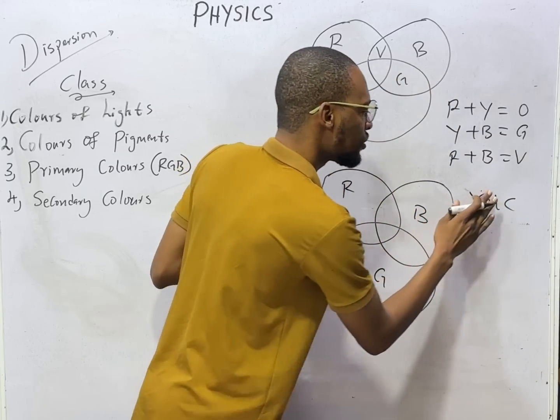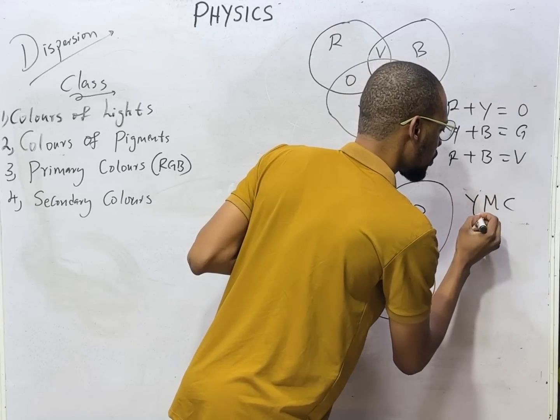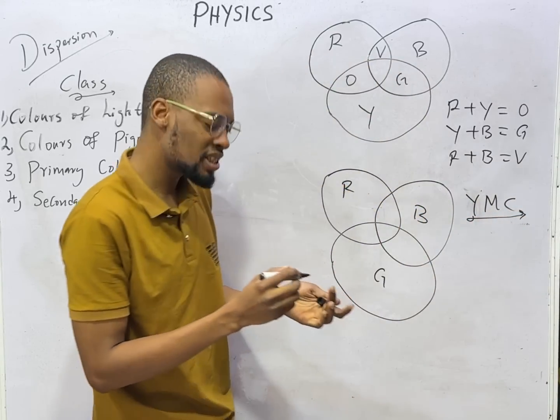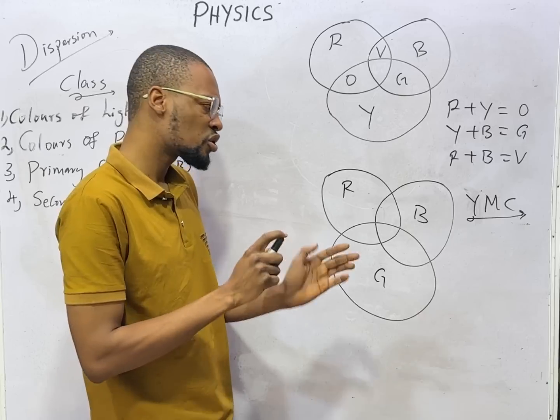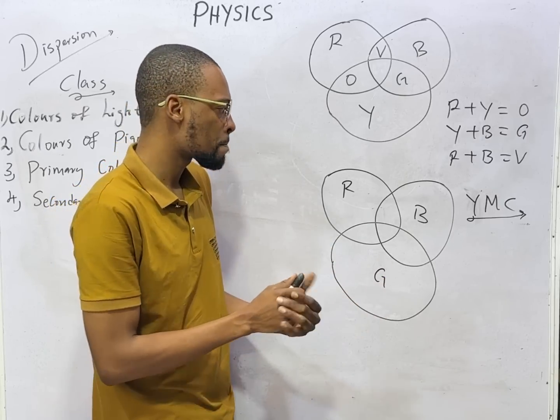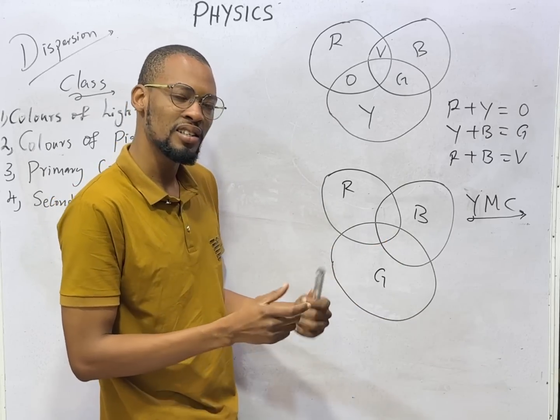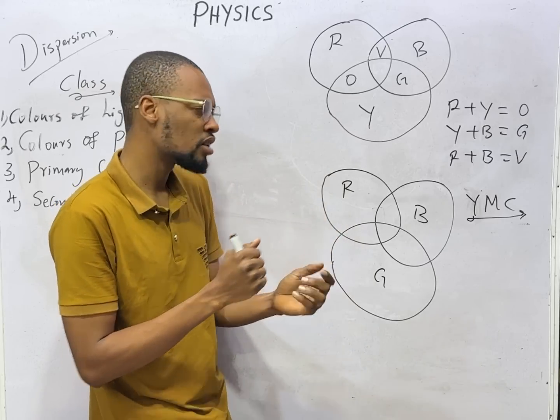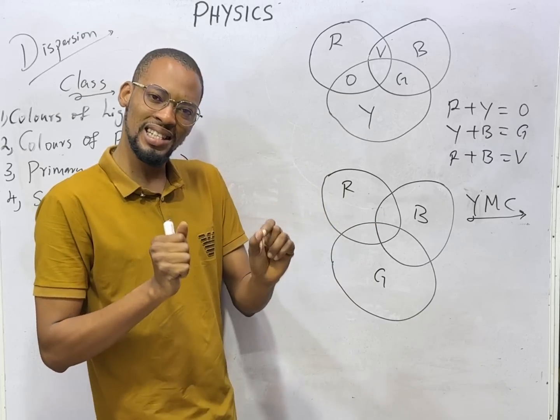Y, M, C. These are the what? Subtractive colors. What is Y? Yellow. What is M? Magenta. What is C? Cyan.